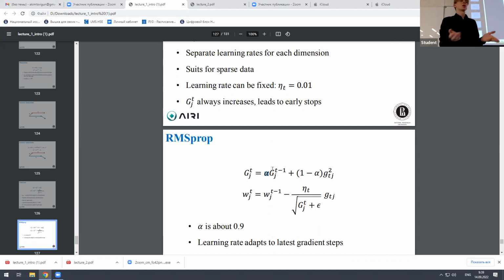So that's the idea of RMSprop: use the momentum style for updating the learning rate for each parameter. That's it. No questions? Can move forward.